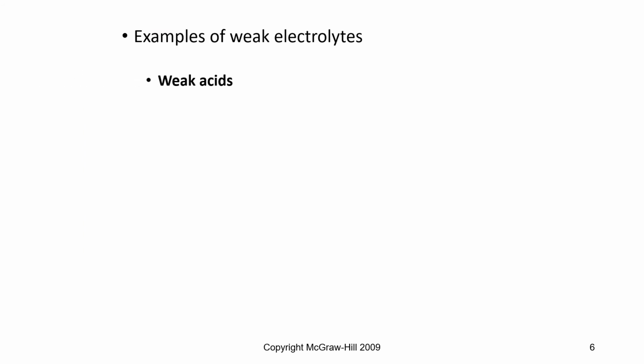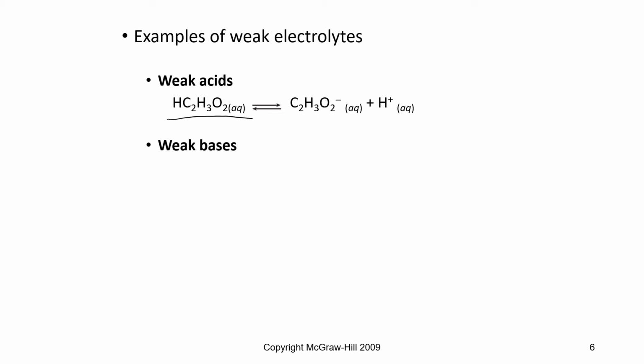So here's some examples of weak electrolytes, weak acids. This is acetic acid, or basically vinegar. Weak bases, ammonia. We saw ammonia as an example of an electrolyte that partially ionizes in solution.